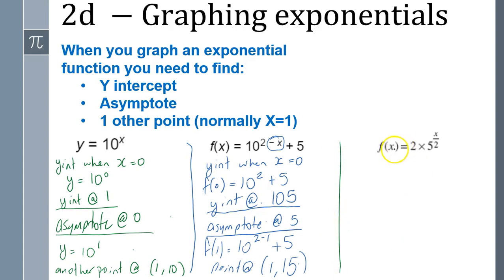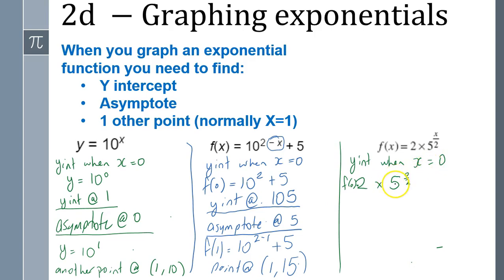Let's try this last little one. So y-intercepts first. Remember, you get points for these. Even if you can't get the graph, get as much of the paper as you can. So y-intercept when x equals 0. Therefore, f of 0 equals 2 times 5 to the power of 0 over 2. 0 over 2 is just 0.